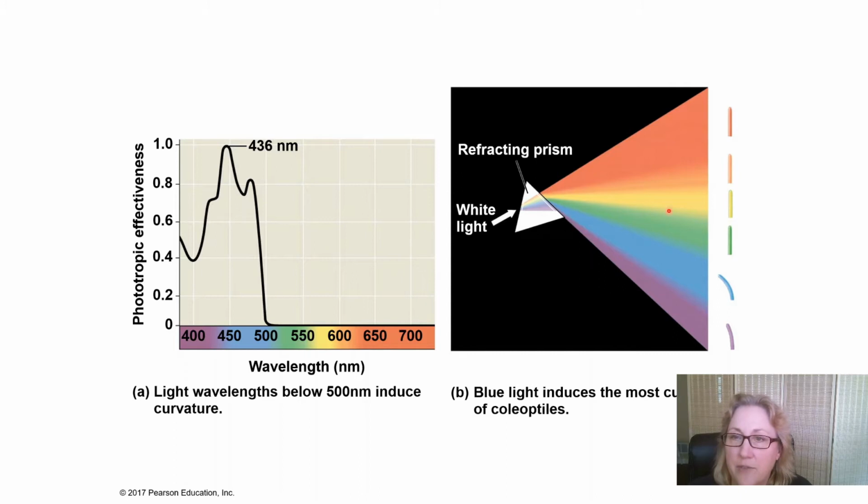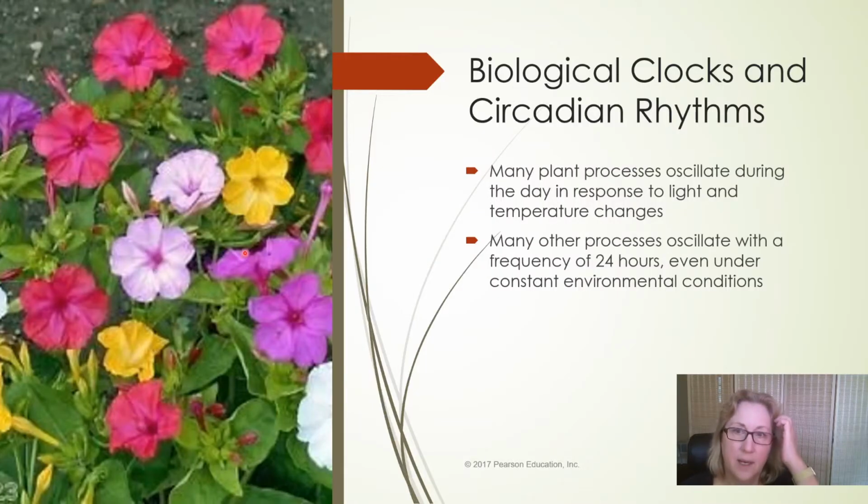And if you give plants only part of the spectrum, blue light triggers the most bending. So it's blue light that plants are detecting. And if you put that information on a graph, you can see that there's some violet and all the way through the entire blue part of the spectrum can stimulate the stem bending in plants. Plants also have a circadian rhythm.